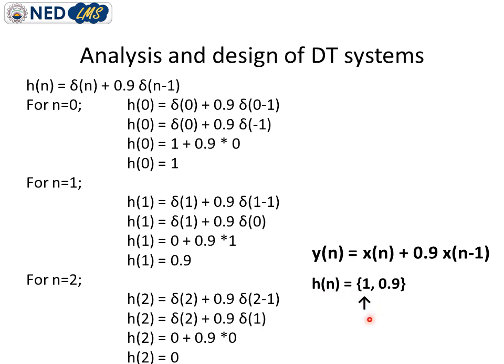So in this way we ended up with our desired answer, which is the impulse response of the given system. This impulse response is also backing up our statement which we stated earlier, that this system is FIR system, and FIR systems are those systems which have finite impulse response.